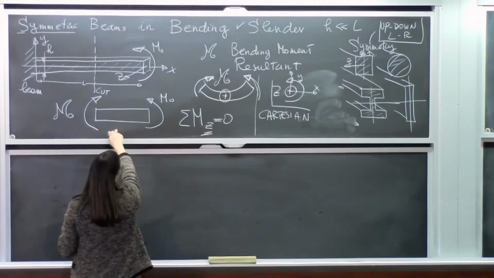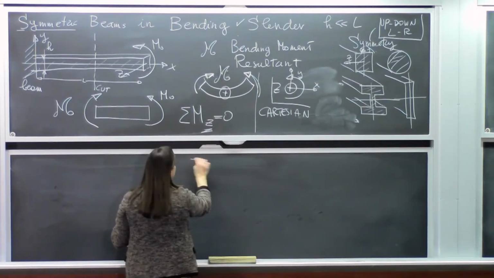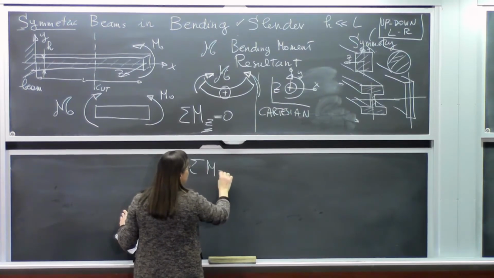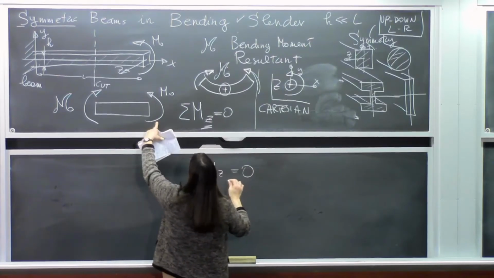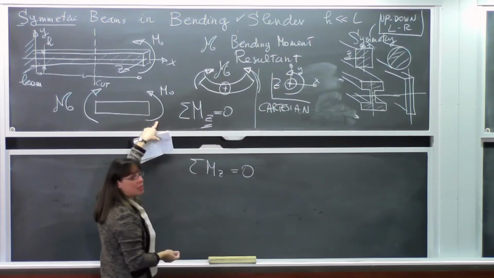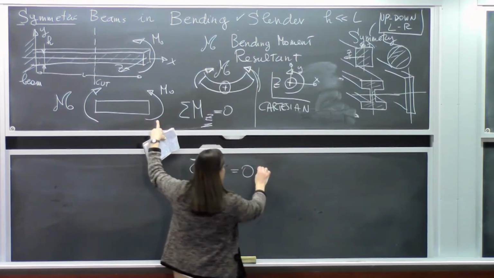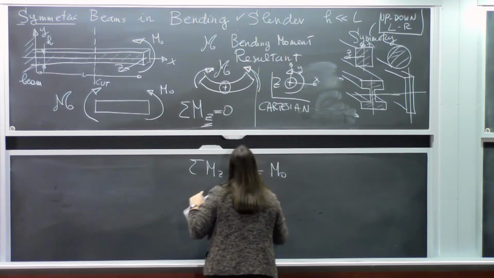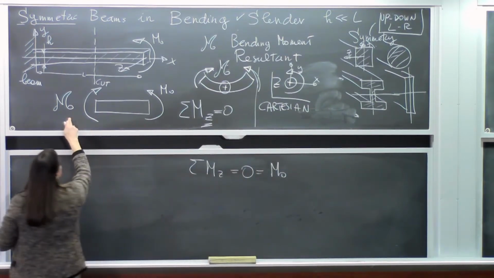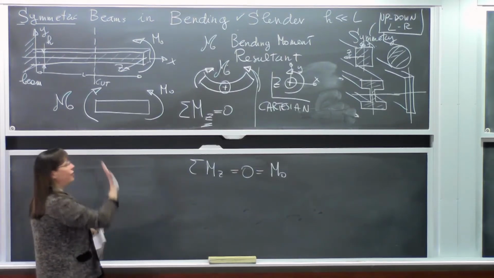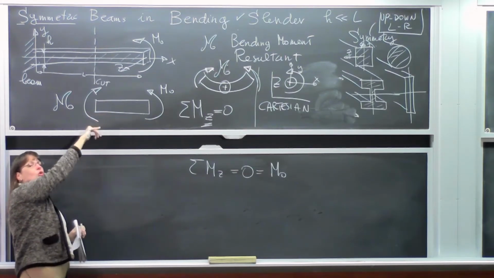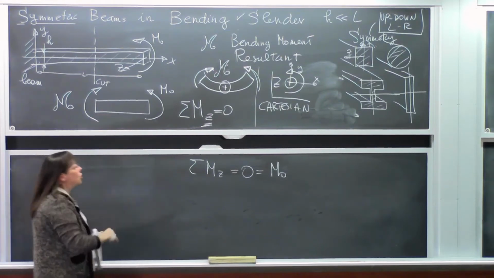So if I do sum of the moment 0 here, I find sum of the moment in z equal to 0, and that is M0 plus or minus in z? Positive. M0. And then I need to sum this guy. This guy is positive or minus in z? Negative, right? If I do that, my thumb gets squashed into the board.